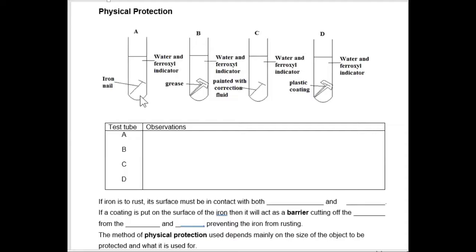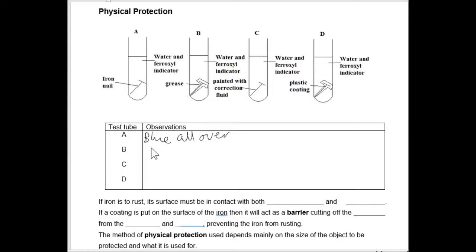Well, you've guessed it, the iron nail will rust. So you will see blue colour all over, as the ferroxyl indicator turns blue. The one that's coated in grease, well, grease is going to block water because oil and water don't mix, and grease is just essentially very, very thick oil. So therefore, it's blocking the water.